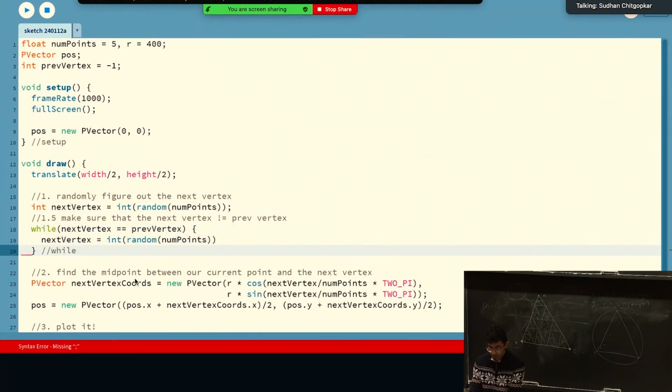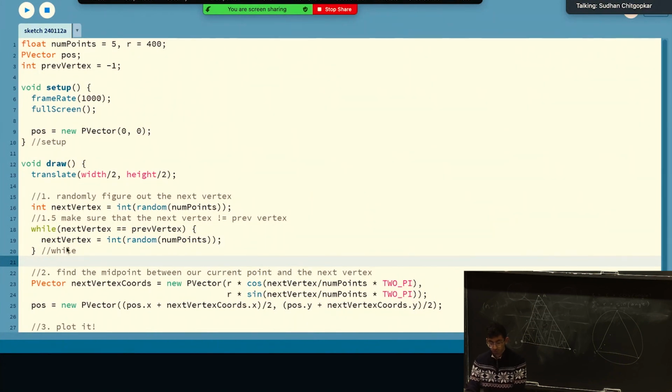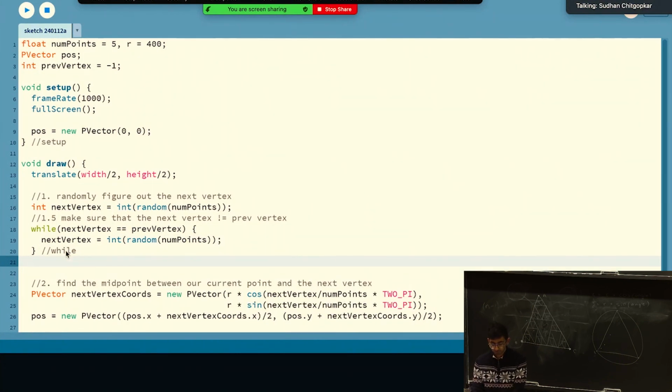So we'll repeat this process while next vertex is equal to previous vertex. And then once we are down here, we've ensured that next vertex and previous vertex are not the same. And now we want to say that our previous vertex then becomes our next vertex. Does that make sense to everyone? Awesome. Okay, so let's see what happens here.